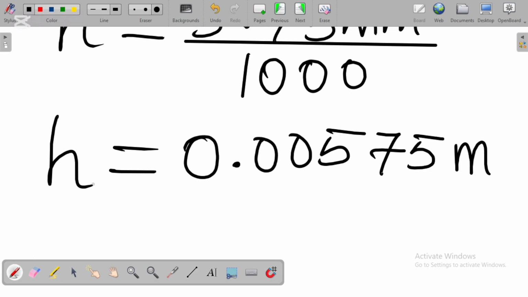And this H is the rise of the water, which let's call H subscript W. That signifies the rise of the water.